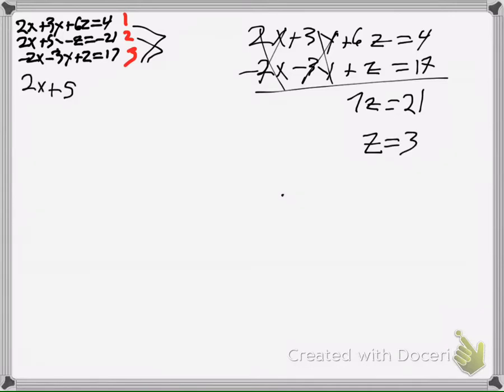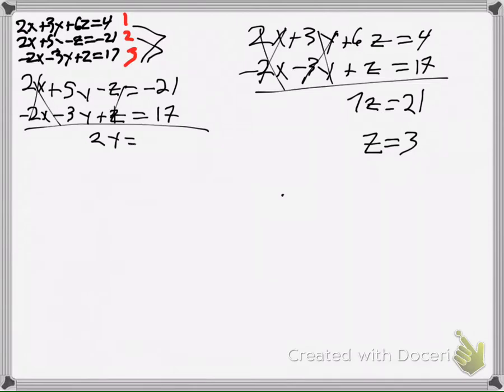Start plugging that back in because we're going to go 1 and 2, and 2 and 3, add together. So we get 2y equals negative 4, or y equals negative 2.